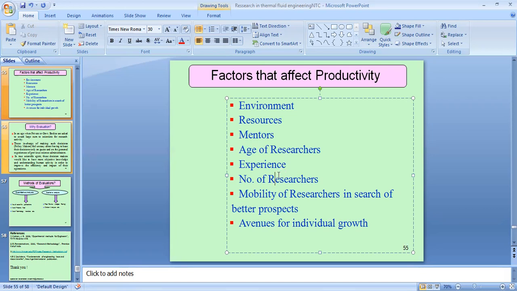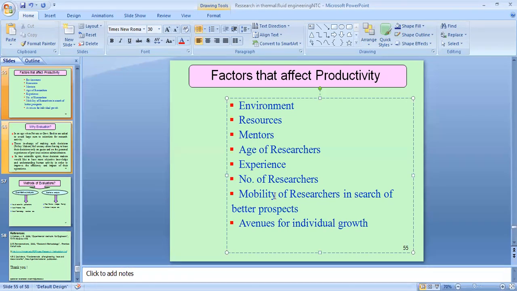Then the number of researchers involved in the project. If there are more researchers, we can get the outcome easily, but if there are too many, it can affect your research. And then comes mobility of researchers in search of better prospects. Same as in industry, a researcher may also change jobs.